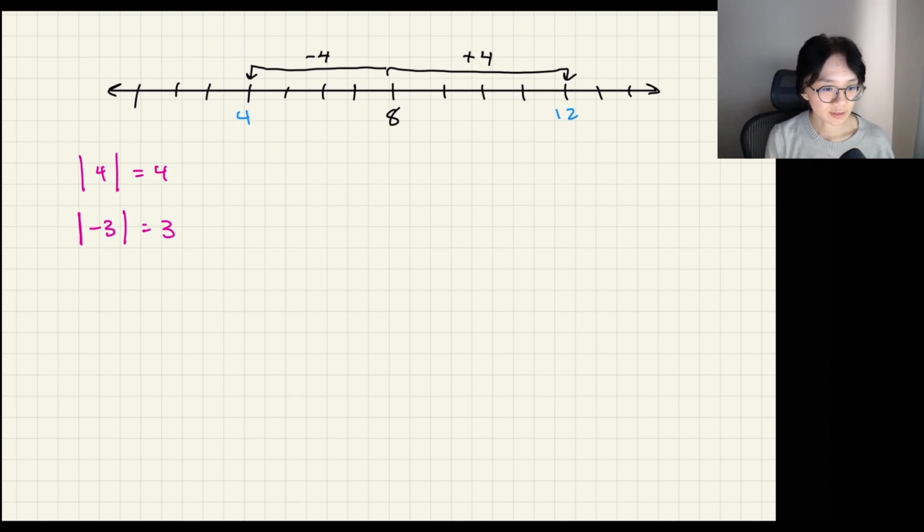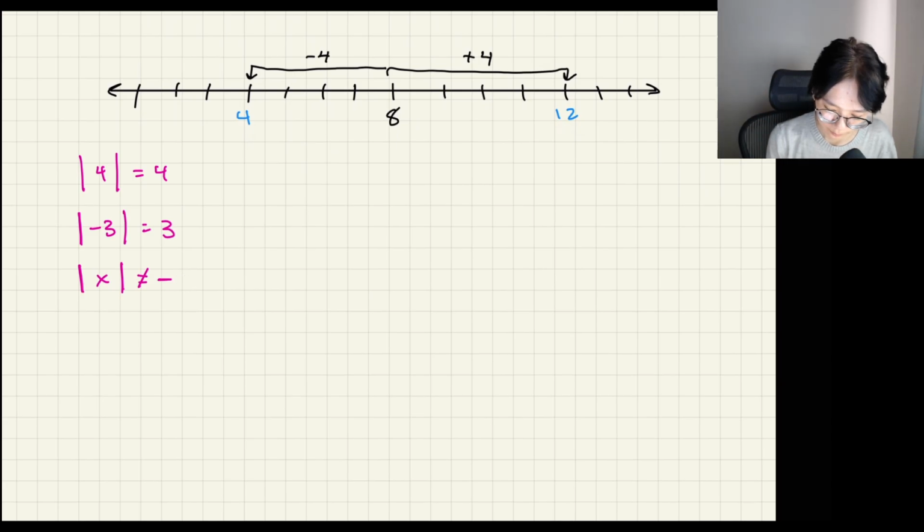And distances can't be negative. You can't have a negative amount of distance. Absolute value of something can't equal anything that's negative. It doesn't matter, it can't be negative. You can't have a negative amount of inches. So remember this: distance can't be negative. Absolute value can't be negative. It is always positive because it's just a distance from 0.